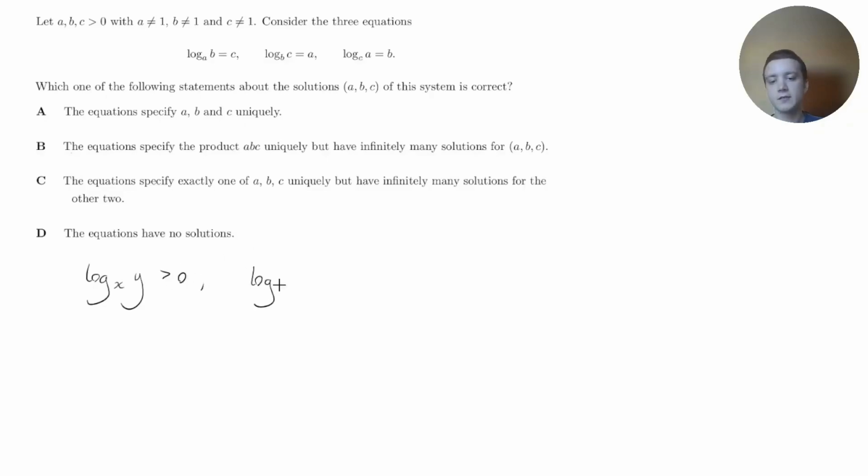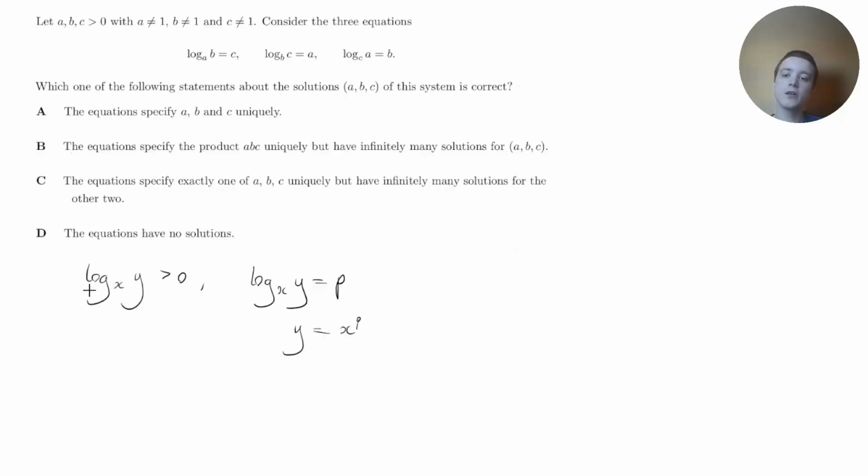So we could say log base x of y is equal to p, and that would then give us, if we took both sides to the base x, that y is equal to x to the p. Now, we are in this scenario because log base a of b, for example, is equal to c, and the question tells us that c is positive. Similarly, we can see that log base b of c is equal to a, so that's also positive, and log base c of a is equal to b, so that's also positive.